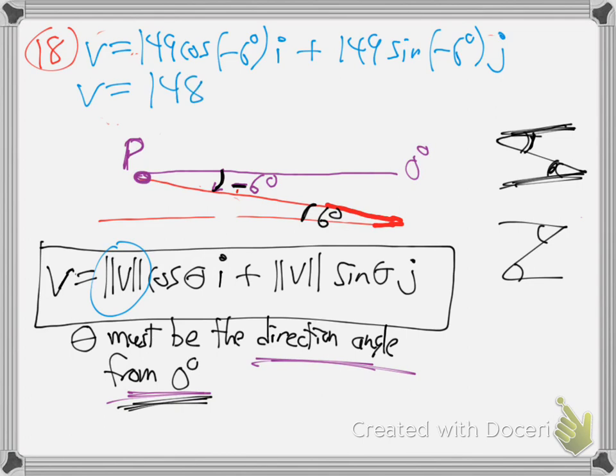I'm getting 148.18 i, minus, it comes out 15.57 j. No problem. All right, good.